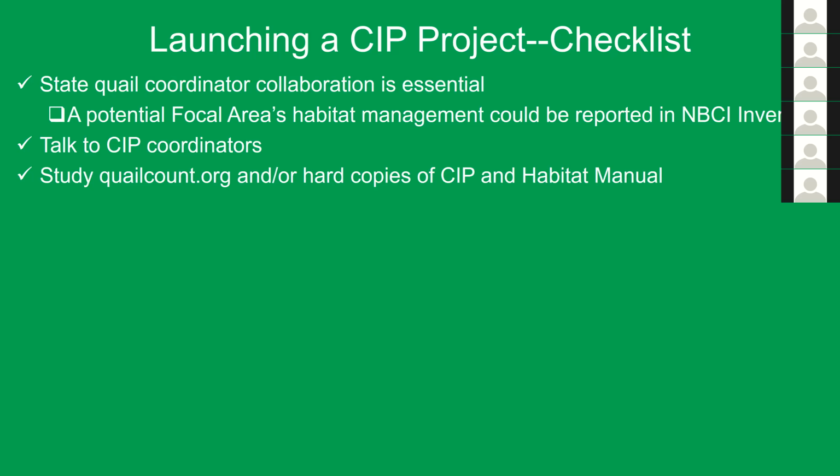You might have picked one up at the NBTC annual meeting in Knoxville this past summer. If not, they'll always be available at NBTC meetings, or send me an email and I'll make sure you get a copy. We also have hard copies now of the habitat manual, so it's not just resources on quailcount.org, there are some hard copies.